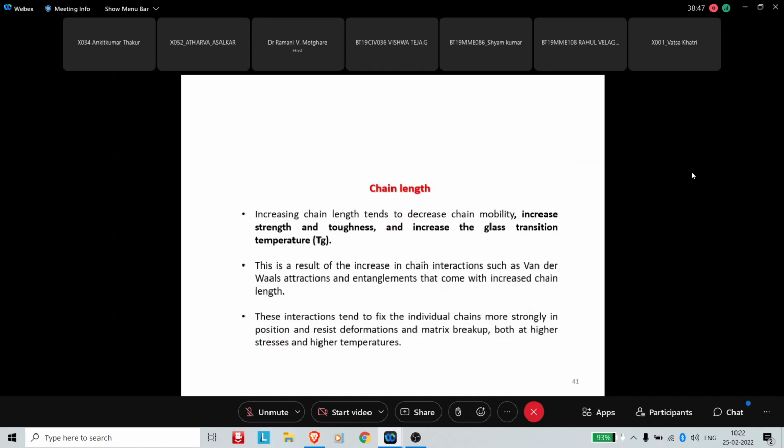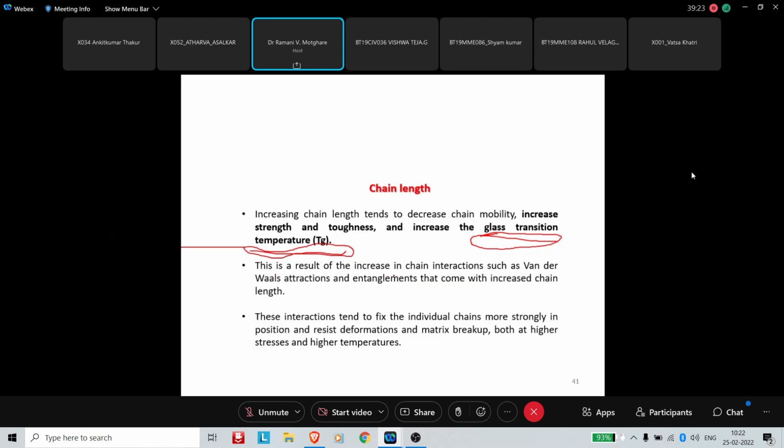So chain length. Increasing chain length tends to decrease chain mobility, increase strength and toughness, and increase the glass transition temperature. What is meant by glass transition temperature? It is the temperature at which a polymer or any substance moves from a very hard brittle form to a soft gummy form, or it becomes soft, doesn't lose its dimension, but becomes soft.